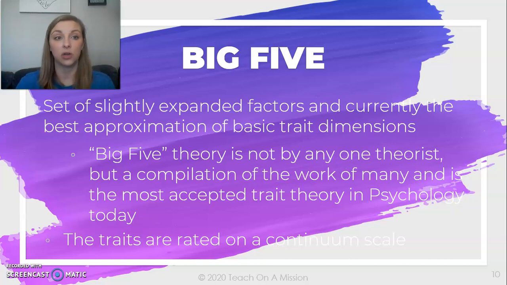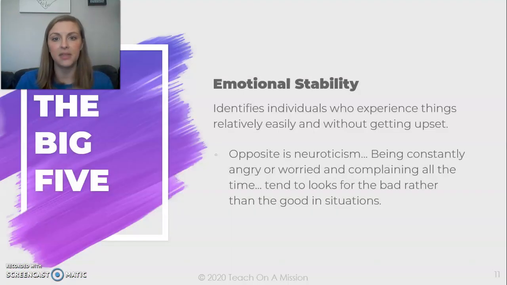These factors are expanded from Eysenck, so they started there and then expanded them. This theory is not one person who came up with it. It's kind of a combination of everyone's put together.